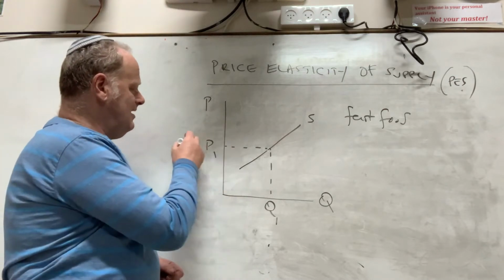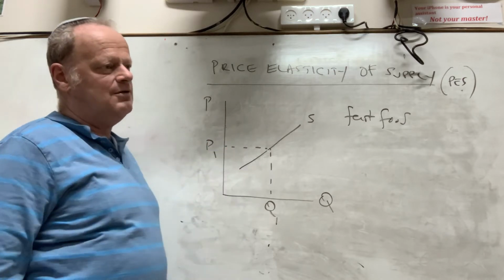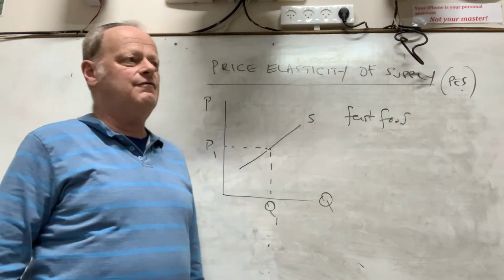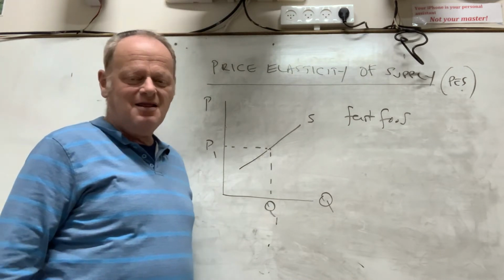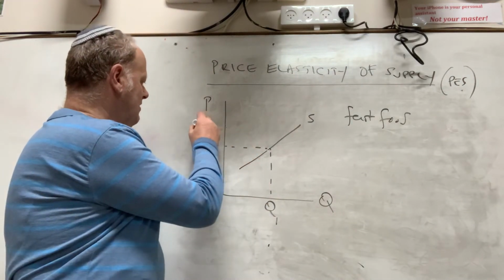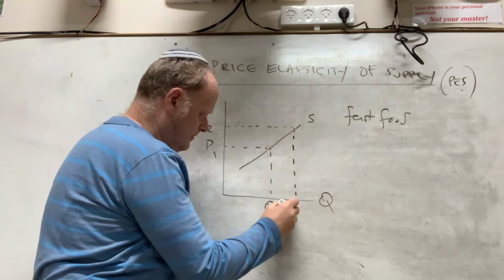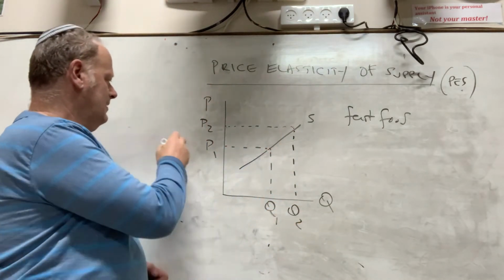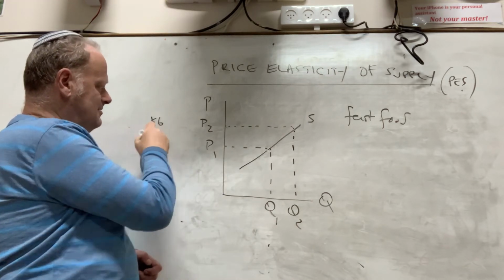If, let's say, the going rate for fast food goes up by 50%, from $4 to $6, then we're going to have the following. P2 is up to here, Q2 is here. Here is $4, here is $6.